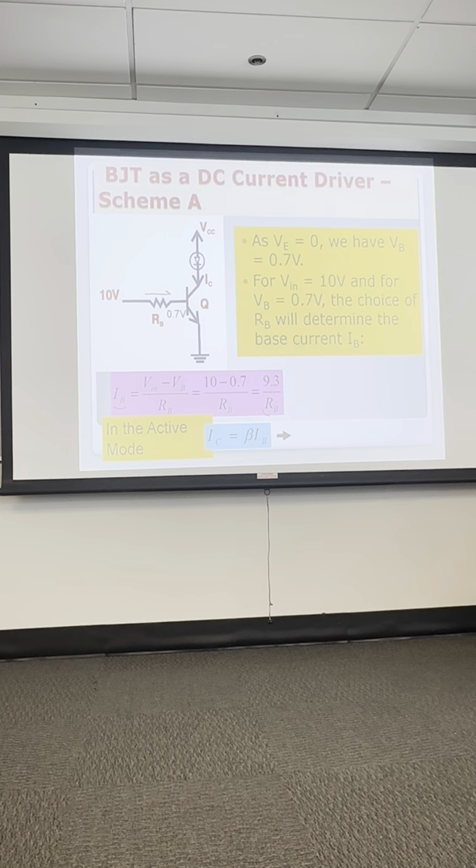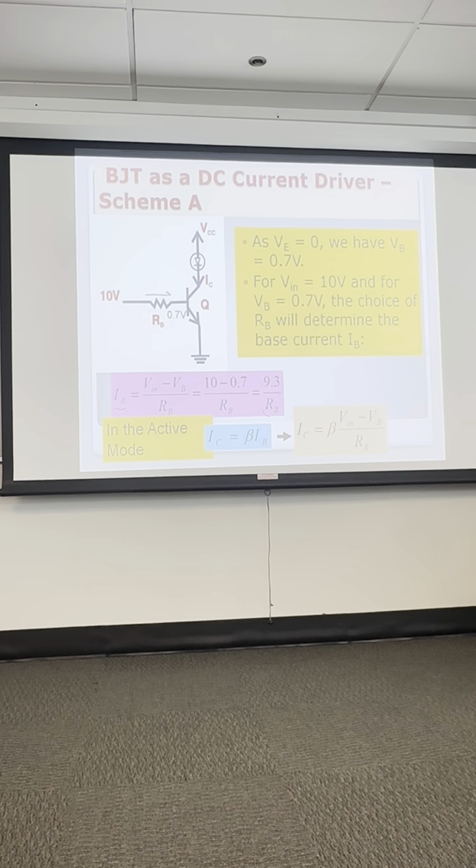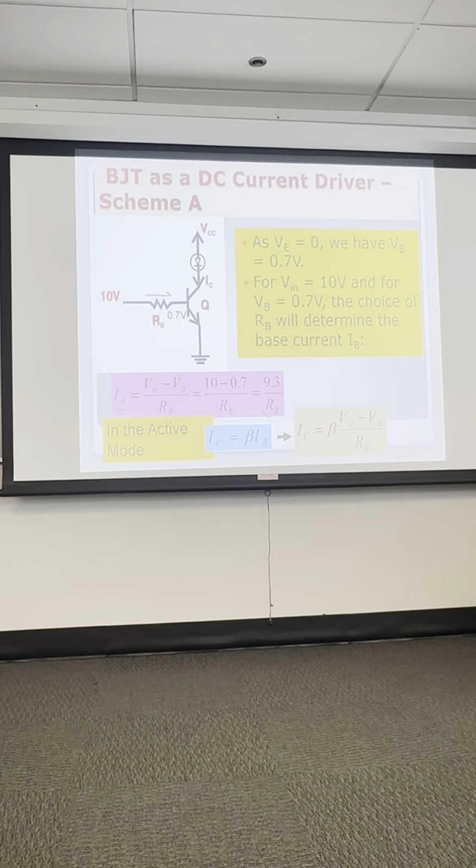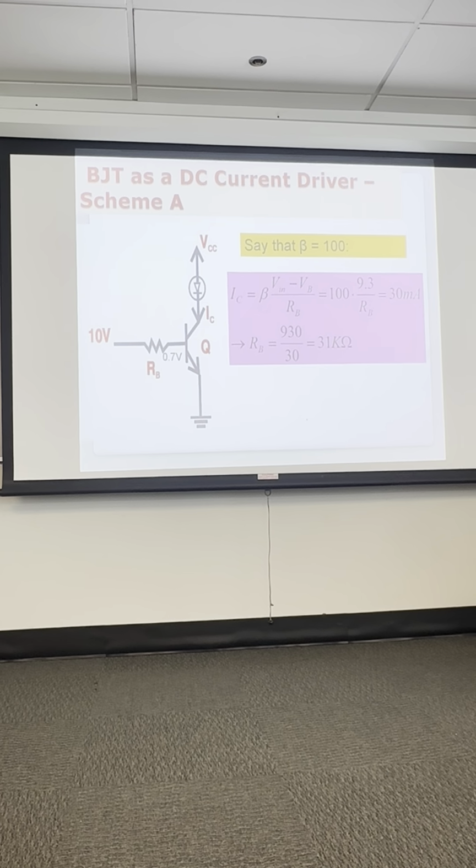I sub C is beta I sub B, and beta, if it's given as 100, we can solve for I sub C as beta times Vin minus the base voltage divided by R sub B, and I sub C would be the current through the LED, basically.